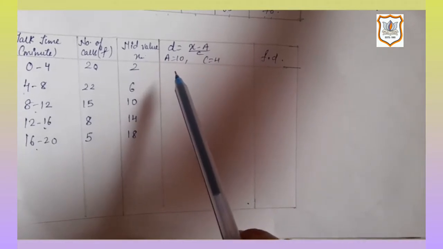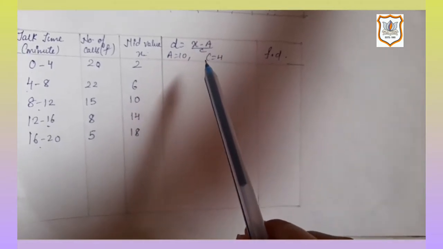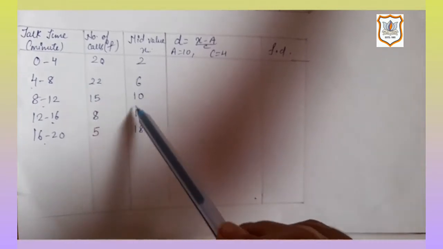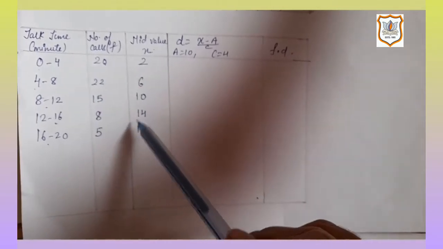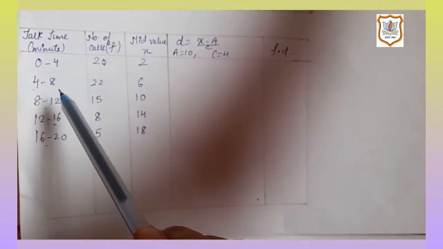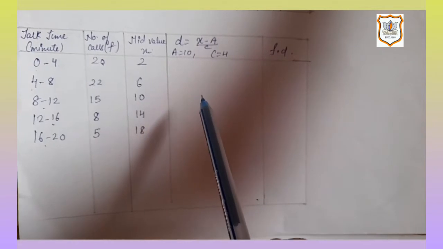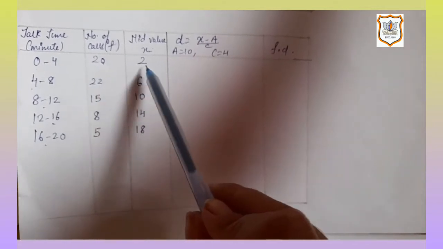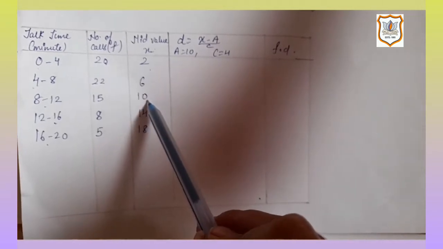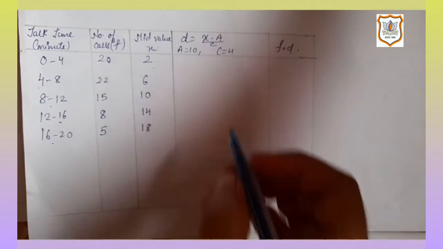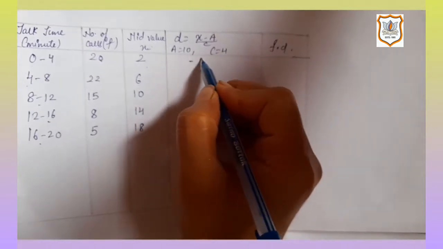Now we are going to find deviations, that is (x minus a) upon c. X means your mid values, a means assumed mean. We can assume any value from the mid values. We have assumed 10 in this sum and class length is 4. So let's find the deviation, (x minus a) divided by c. x is 2, so 2 minus 10 divided by 4 is negative 2.